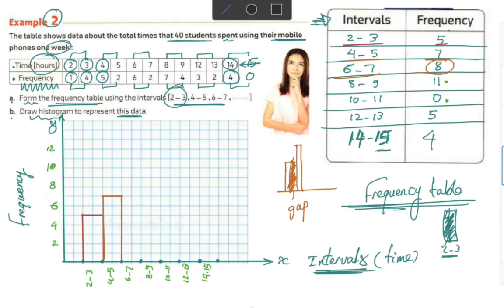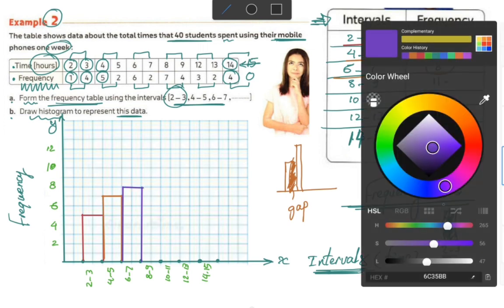Don't forget to use your ruler to the 8 point. Okay, and we have the second line. Now you need to close your rectangle. Next interval.